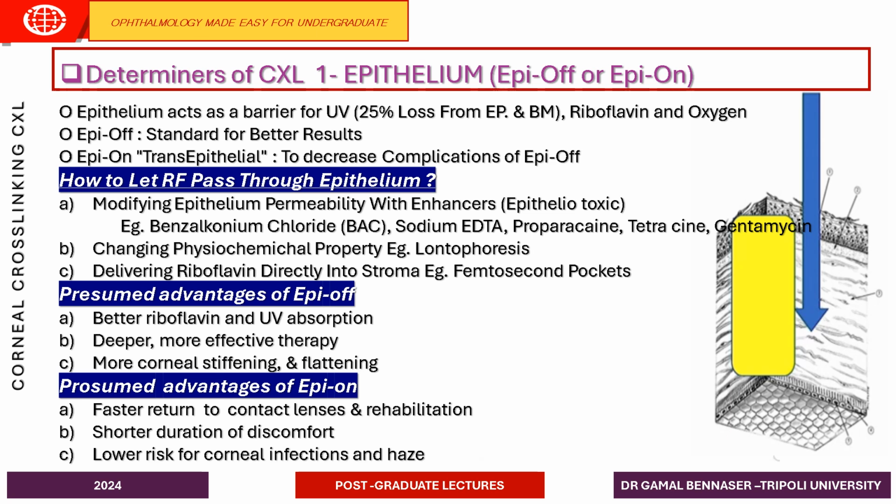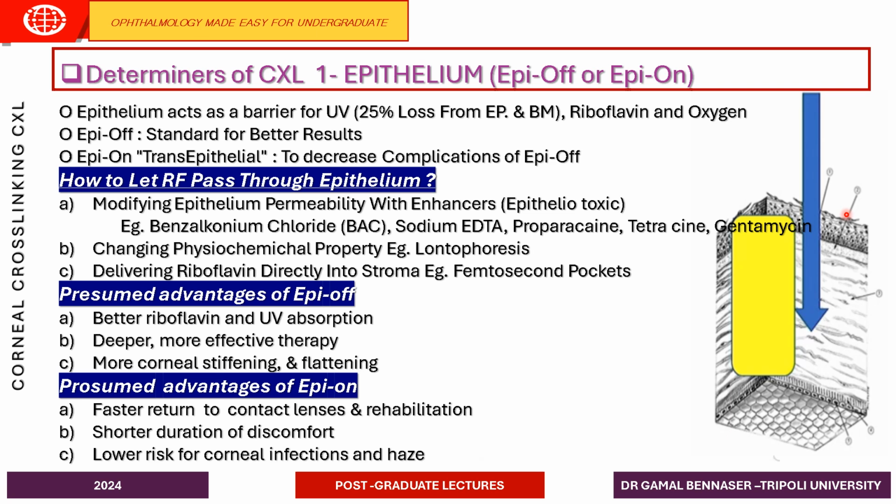That's why many companies and many doctors are trying to change the concentration of riboflavin and add certain molecules to enhance the penetration and absorption of riboflavin. Now, the epithelium removal can be done by various methods.